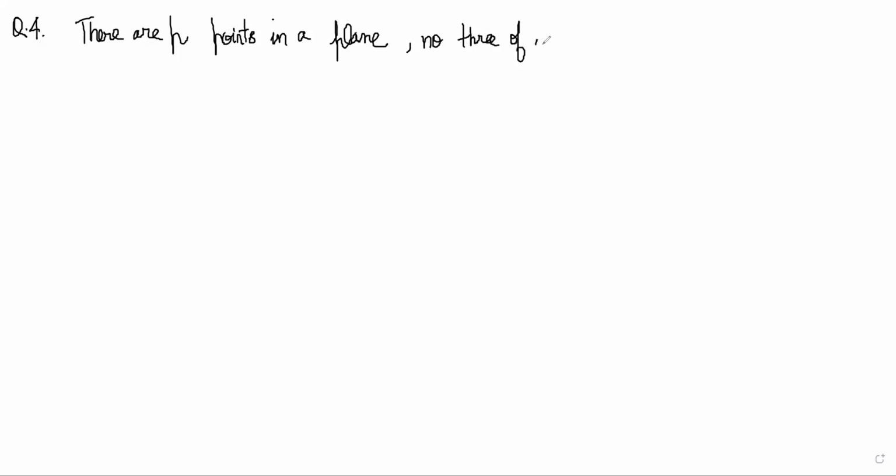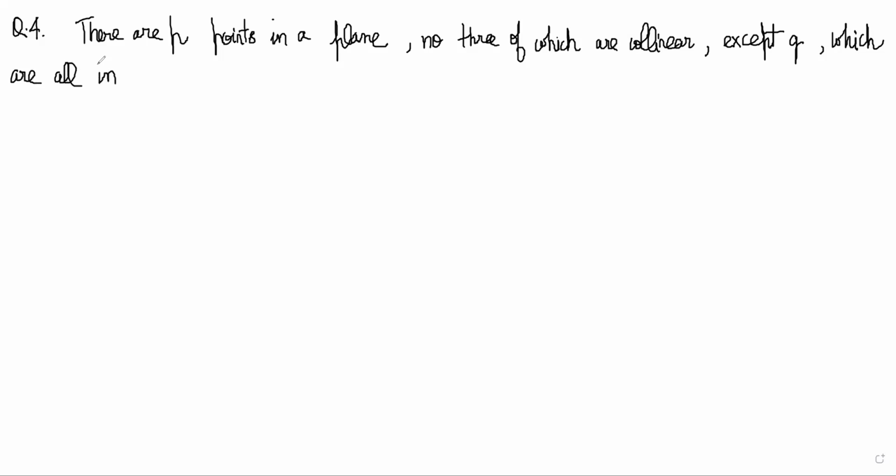Then next one is, there are p points in a plane, no three of which are collinear except q, which are all in the same straight line.